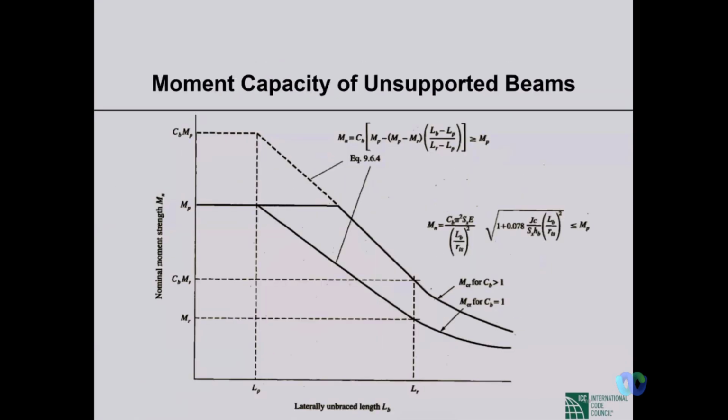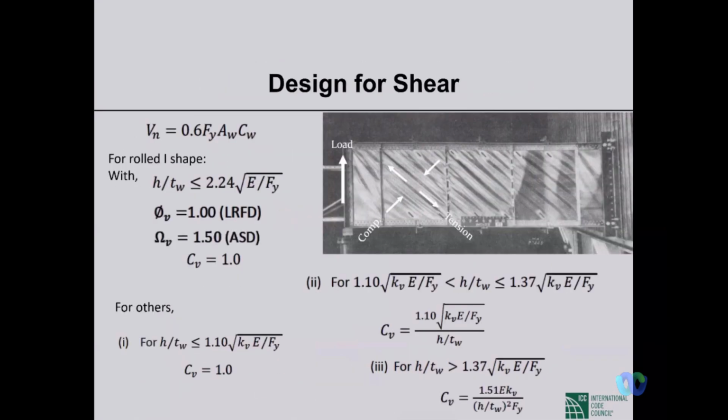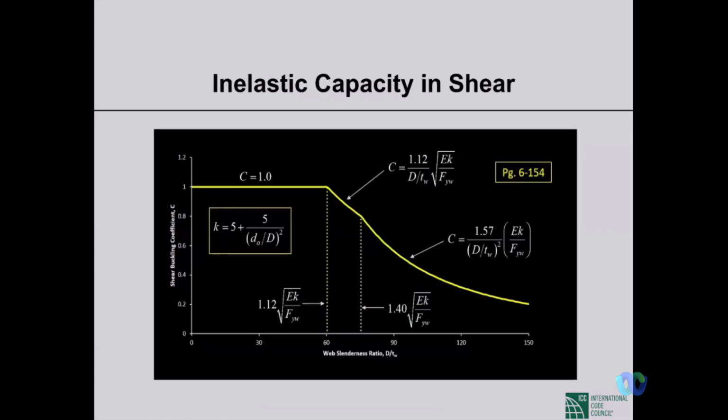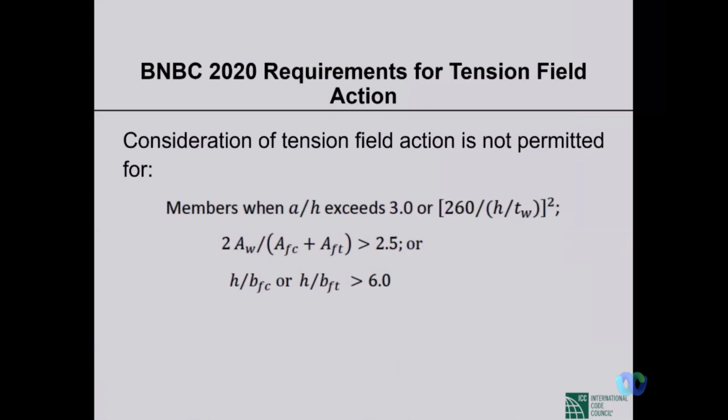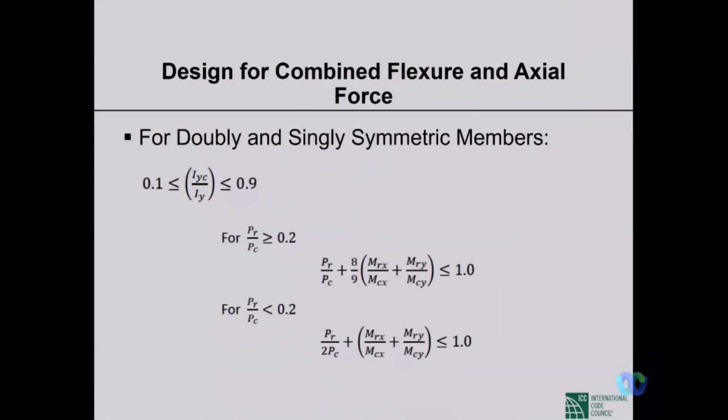And now, when there will be a combination of torsion, things like that. For example, for combined flexure and axial force, this is something basic in RCC. Also, you have this type of expressions. So you have to actually check when there is combined flexure and axial force.